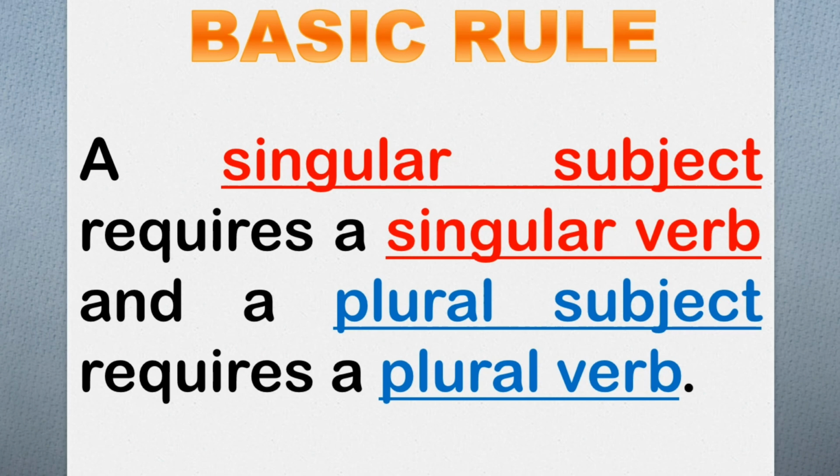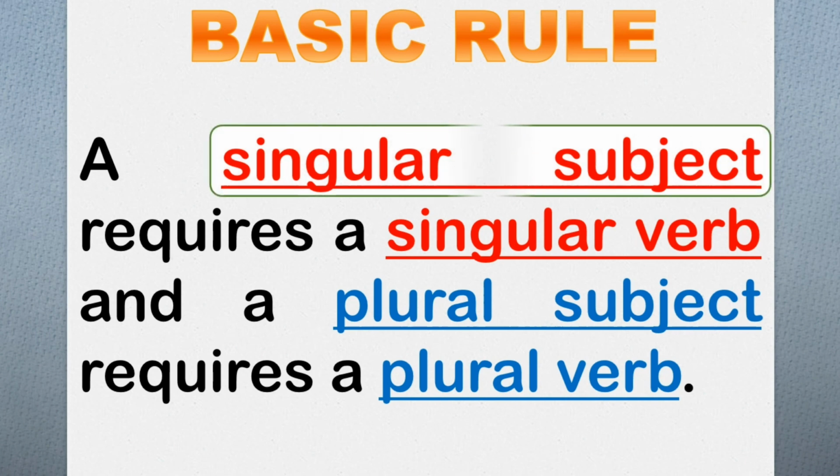So when we say singular, we are referring to one. So when we say singular subject, we are referring to one noun or one pronoun or one subject. Plural subject, we are referring to two or more nouns or pronouns. So that is the basic rule for subject-verb agreement.